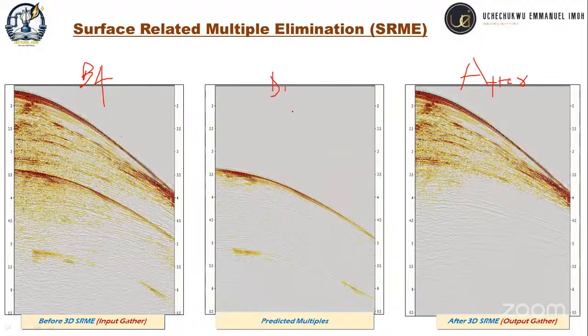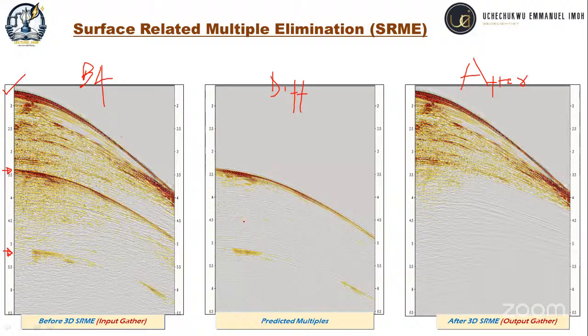If you look at the before panel, everything looks hyperbolic, but this particular event is not actually an event from a geologic boundary. It's an event coming from multiple reflection of the water bottom. So you have to attenuate them.